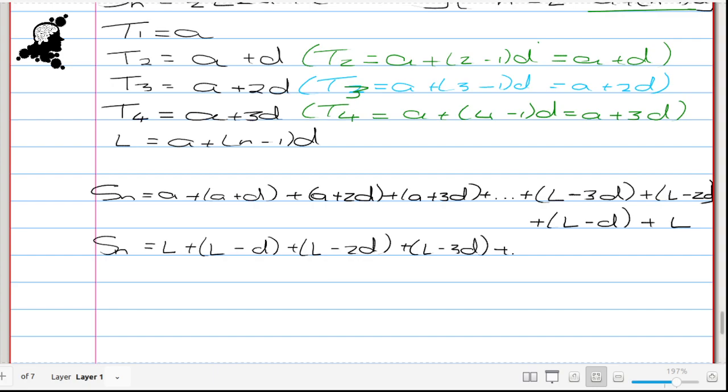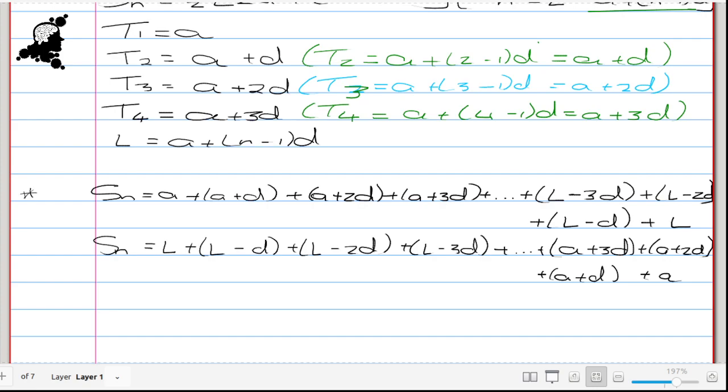We're going to have the ellipsis again. Then we're going to have a plus 3D and a plus 2D. We'll have down here a plus D, and lastly we'll have a. So we just took the original Sn that we had up here, then we wrote it in reverse.